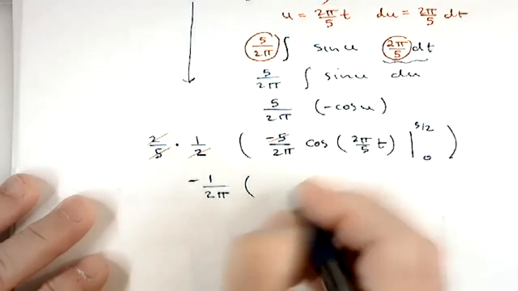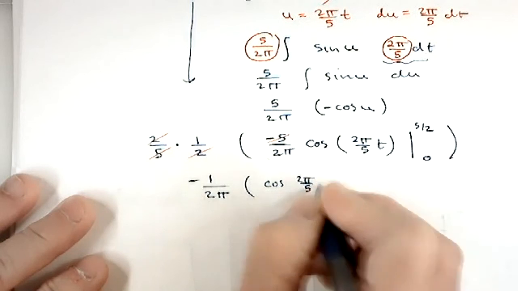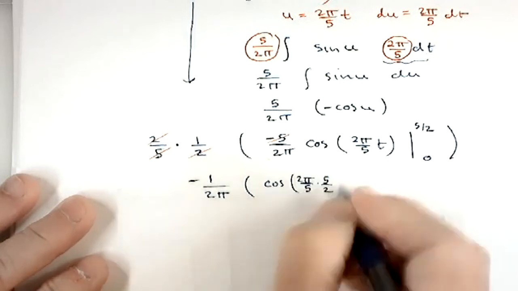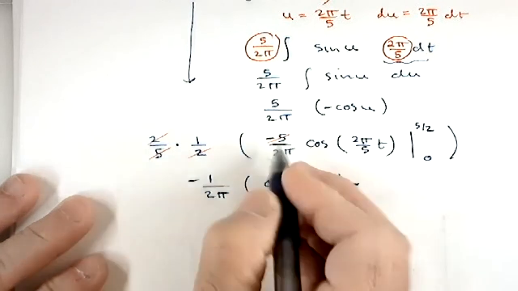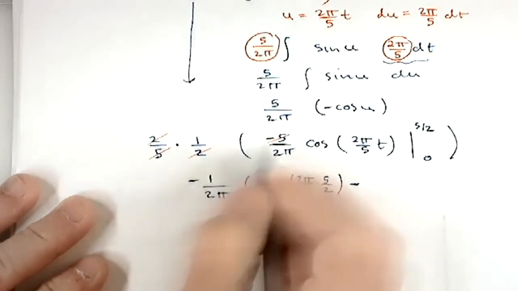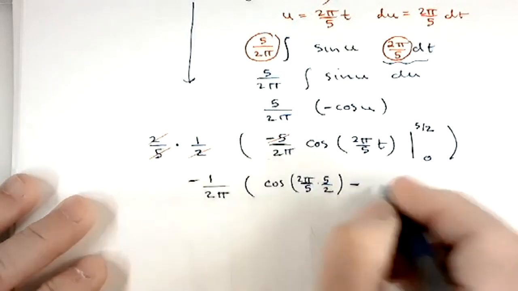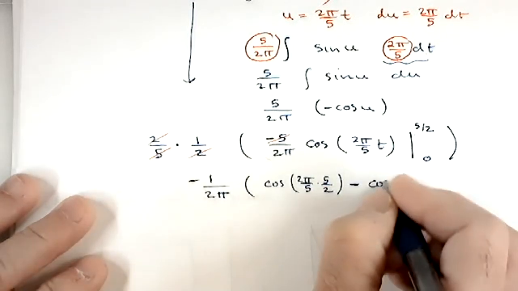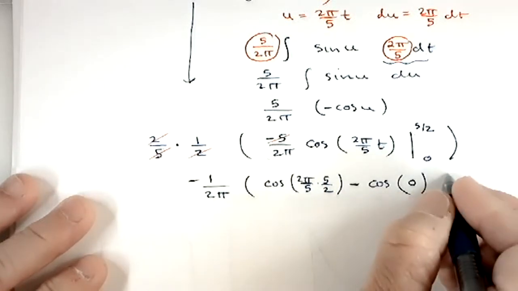If I plug in 5 halves, minus, okay, I can't forget about, okay, I took out the negative, never mind. I decided to take this negative out right here. So once I take that negative out, then it's just going to be minus the cosine of, if I plug in 0 there, that's just 0.